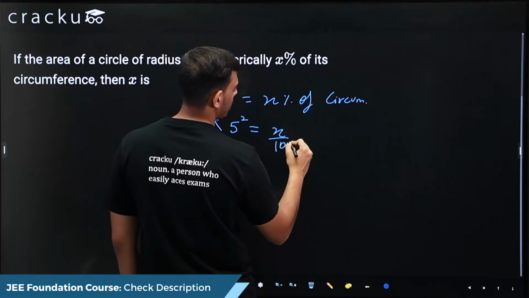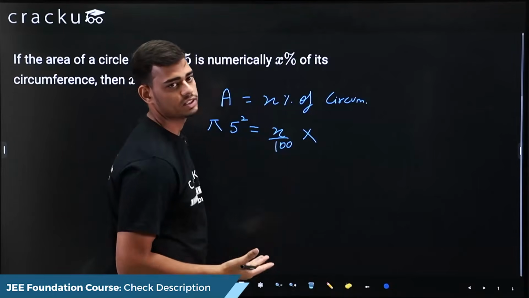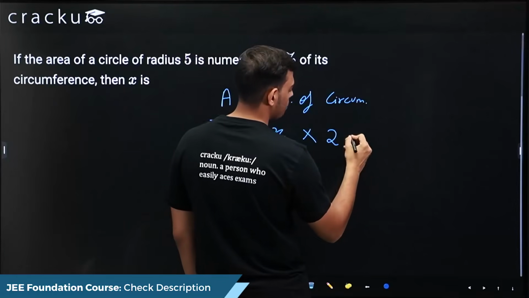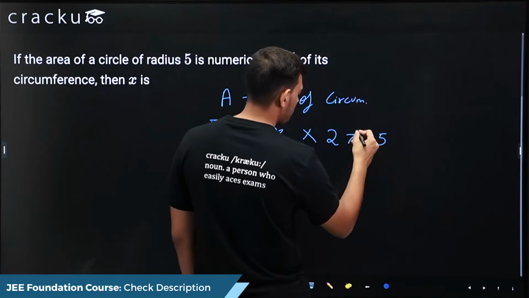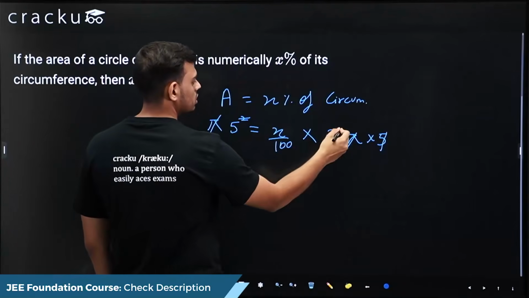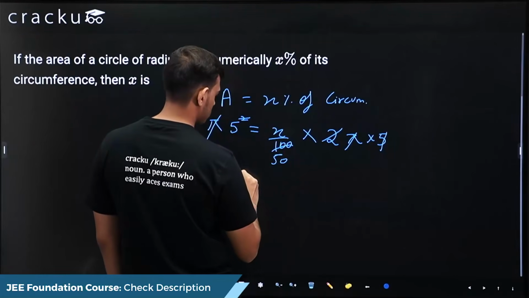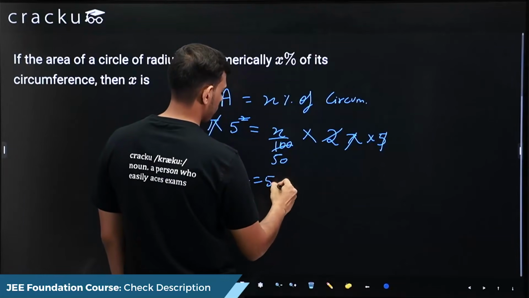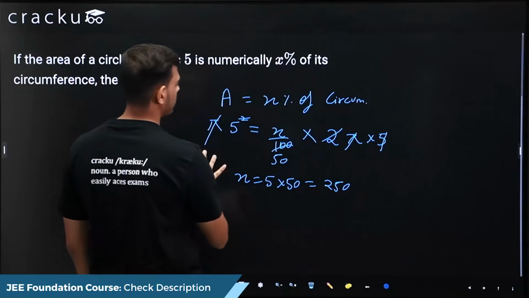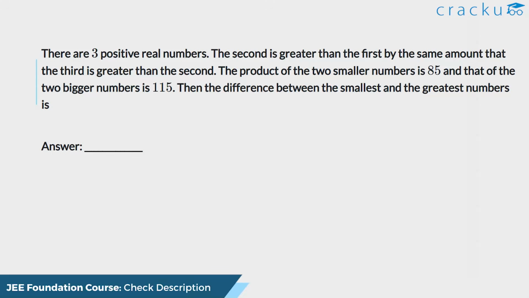X%, x by 100 of what? Circumference. What is circumference? 2 pi r. Radius is 5 given to us. 2 pi into 5. Pi gets cancelled out. This 5 will get cancelled out. This will be 50. X equals 5 into 50, 250. The value of x will be 250%.